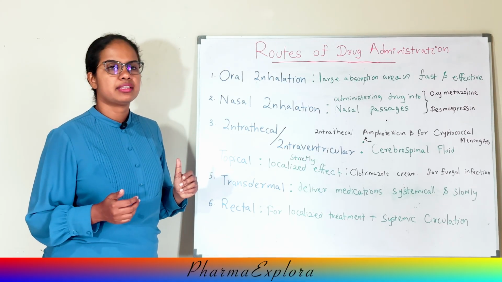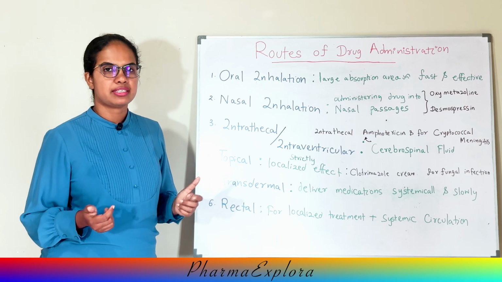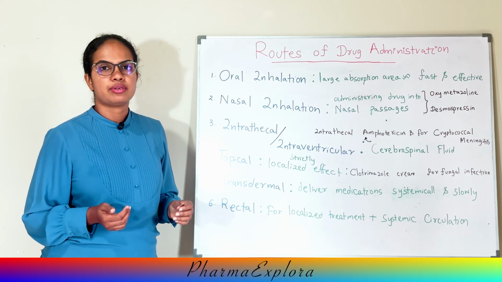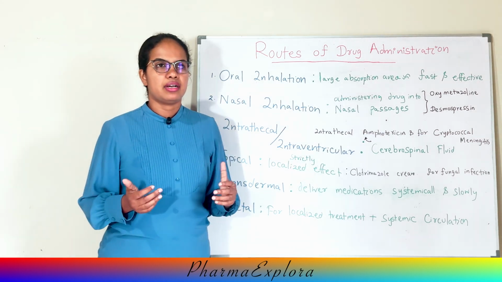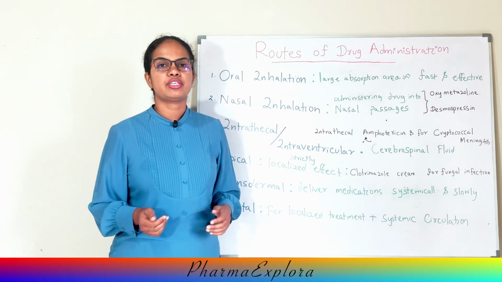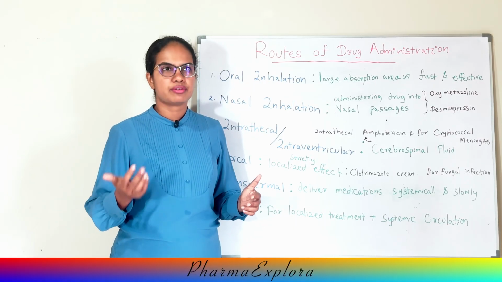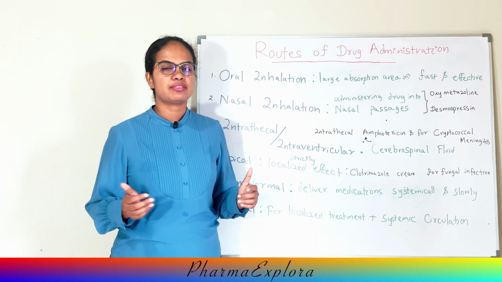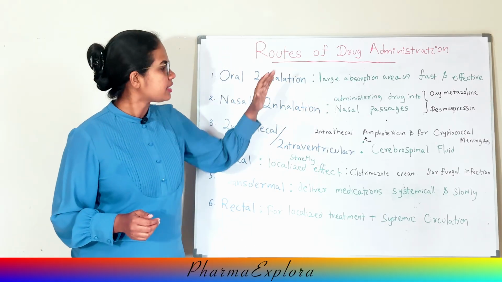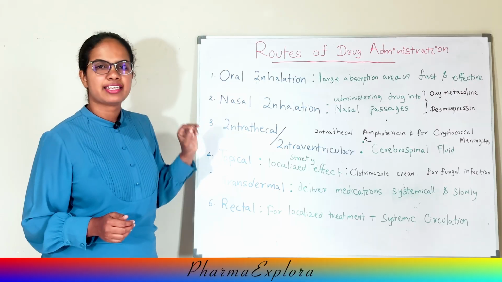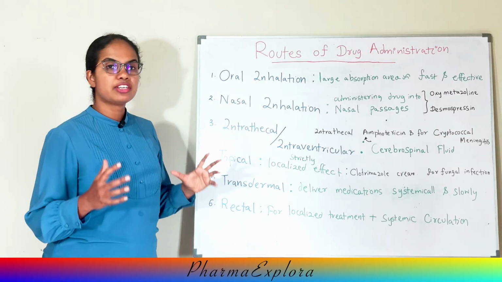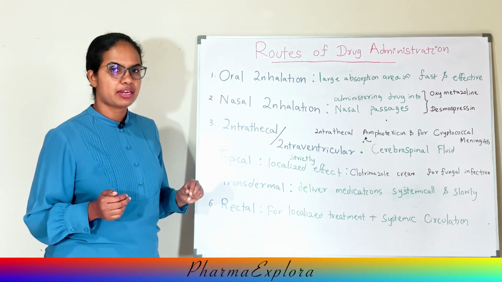Diabetes insipidus is a rare disorder which can cause an unusually large amount of dilute urine, and also unquenchable thirst for the patient. So that is about nasal inhalation. And now the intrathecal or intraventricular administration.